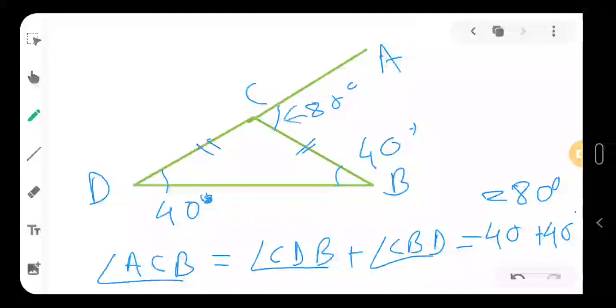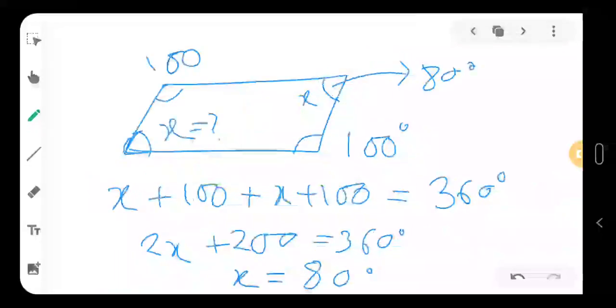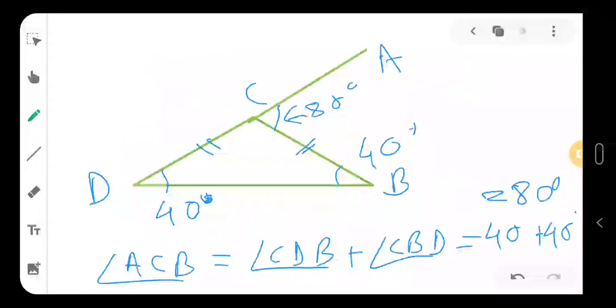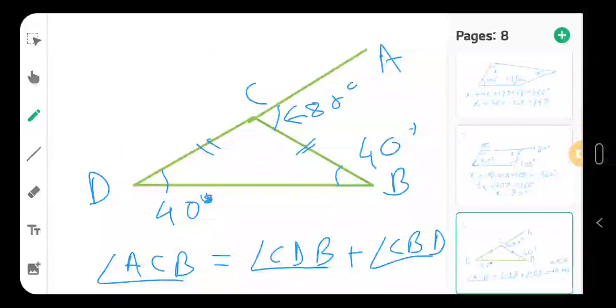So this is the way we have to do some numericals, and also something can come like this. Let's say we have some problems like this.